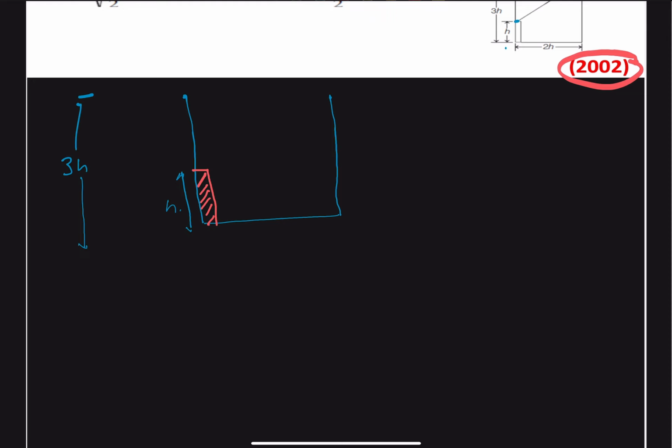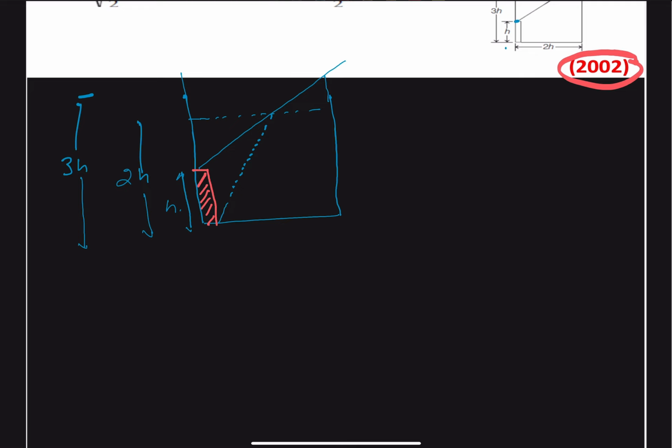In the first instance, the person can see the top of this object. In the second case, the liquid is filled up to the height of 2h, so let us suppose the liquid is filled up to here, and now the person can see the bottom of this particular strip.